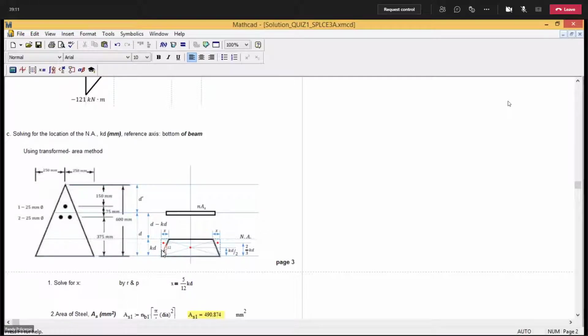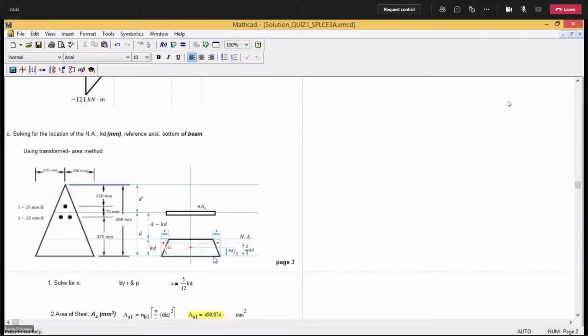And this is now the concrete under compression. And this is now the equivalent transformed area of the steel. So it should be located at what? At the centroid of the group of bar, no? So kailangan, no, nandun siya.